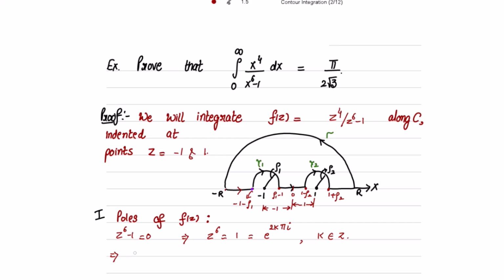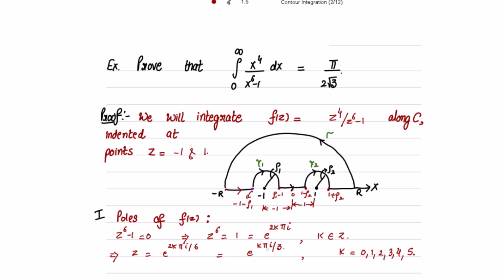So z is equal to, taking both sides to the power 1 over 6, e to the power 2k pi iota over 6, which is equal to e to the power k pi iota over 3, and this k will go from 0, 1, 2, 3, 4, 5. Why 5? Because the power is 6, so there must be 6 integers, right?